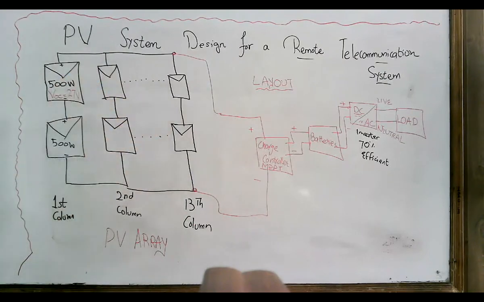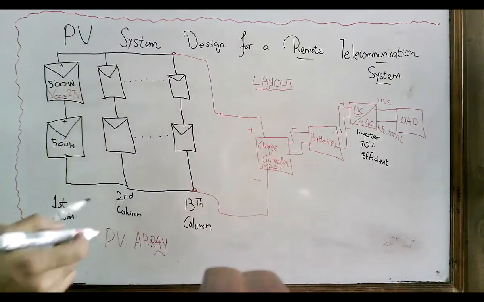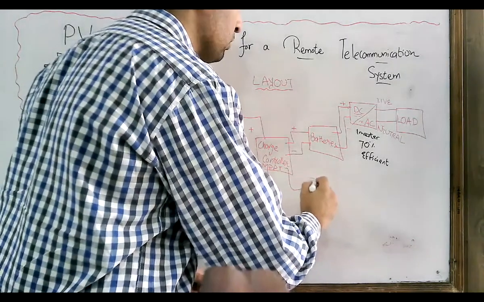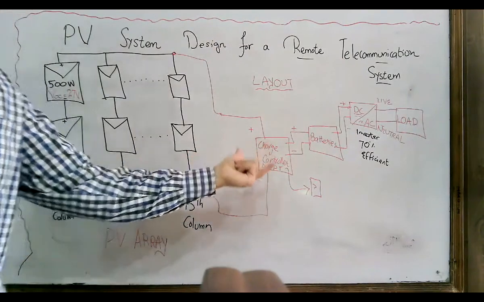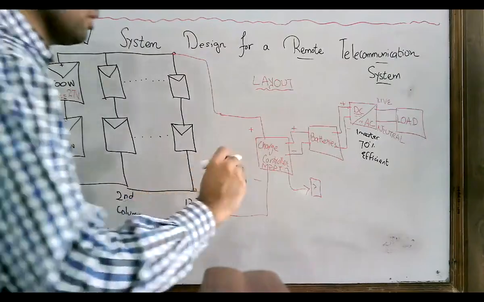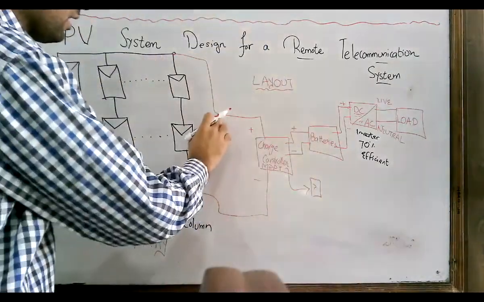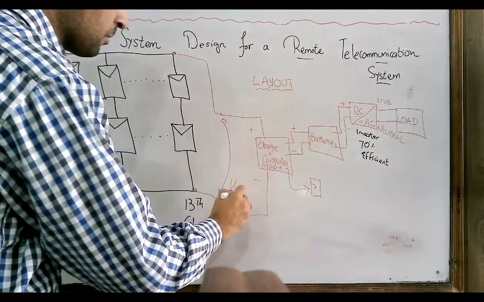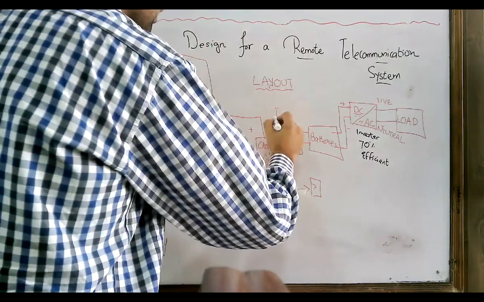Now one more thing is that this is the charge controller. How to select the suitable charge controller? It depends on two factors. Number one, you look for the available options. There are many charge controllers which support the voltage rating. Here is the voltage, and there will obviously be the current rating.